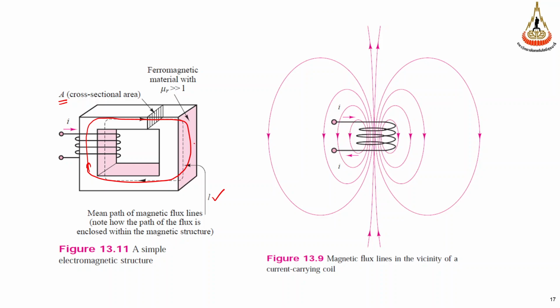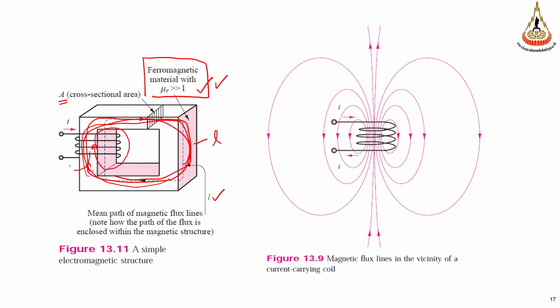The range is L, and we assume that the permeability of the material is very high. So in this case, the magnetic flux will not leak into other paths. All the magnetic flux will flow in this material because it's easier to flow in this shape.